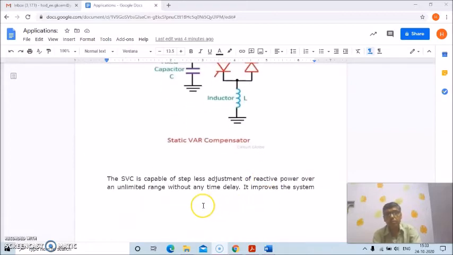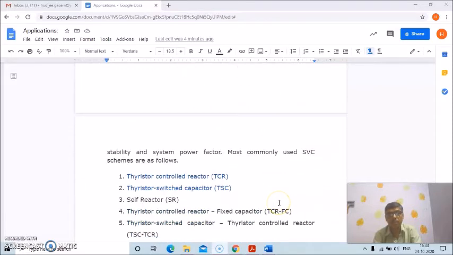This SVC is capable of step-less adjustment of reactive power over an unlimited range without any time delay, and as a result it improves system stability and system power factor.